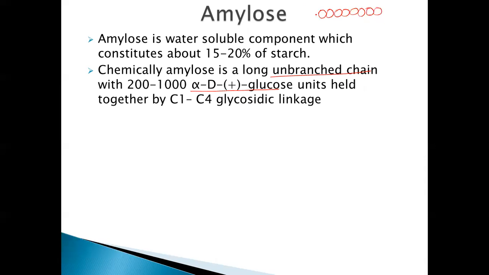These monosaccharide units are linked by C1 of one glucose unit linking to C4 of another glucose unit. So C1, C4 glycosidic linkages are formed here. This forms only 15 to 20% of starch, and the rest, 80 to 85% of starch, is amylopectin. Amylose is a water-soluble component which forms 15 to 20% of the starch.